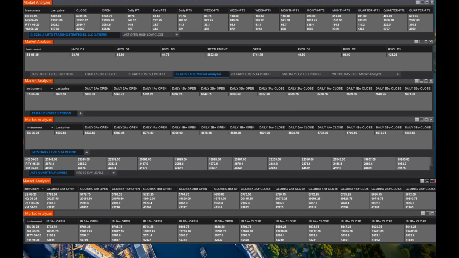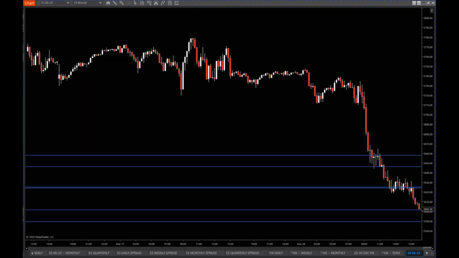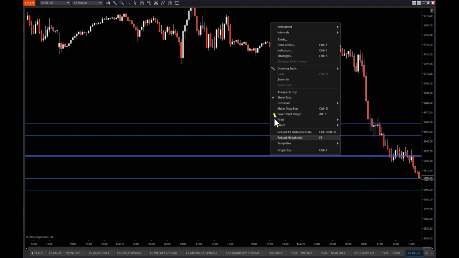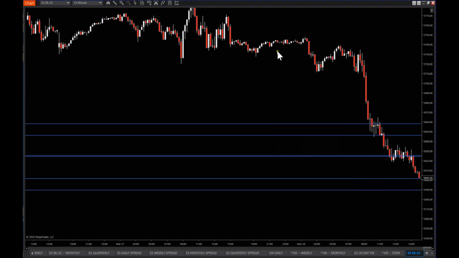Does that sound like a plan? Let me pull up a chart. Okay, so I have come in and drawn the levels above and below the 56.25 strike. And what we want to do is add the Rvol on top of it and then the Hvol.